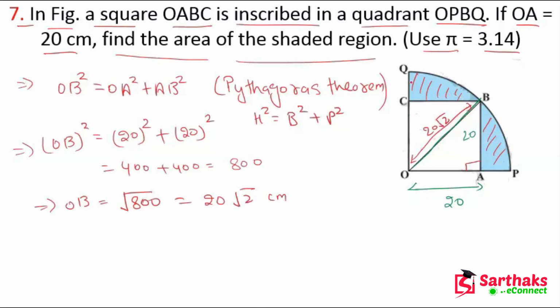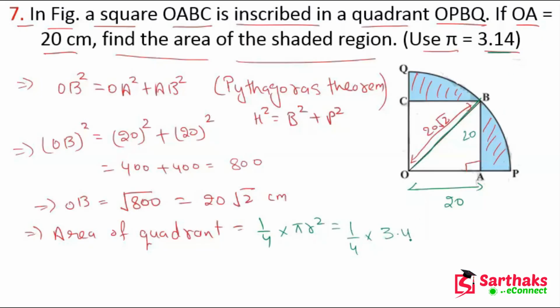So this is the radius of this quadrant. Okay, my dear friends. So now we can easily find the area of the quadrant. Area of quadrant is 1 upon 4 into pi r square, and this is 1 upon 4 into, now the value of pi we have to use is 3.14, into the radius 20 root 2 whole square.